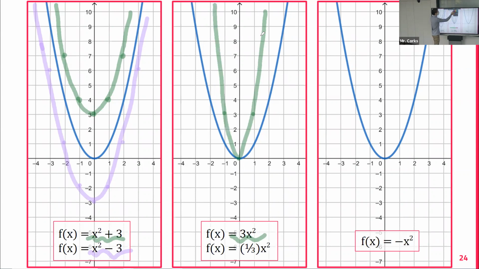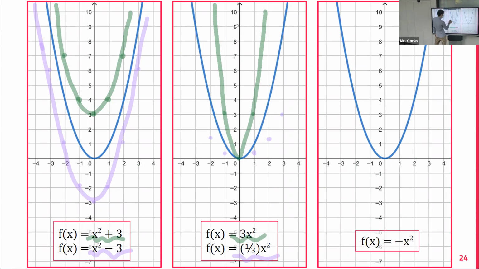And then on the other side, 1/3x², opposite. So it's going to look like it's opening up. Again, actually, it's a vertical compression. Everything's getting squeezed down. So 1, 1, but then divide by 3, so 0.3. 4, but then divide by 3, it's 1.3 here. 3 squared, 9, divide by 3, that's 3.